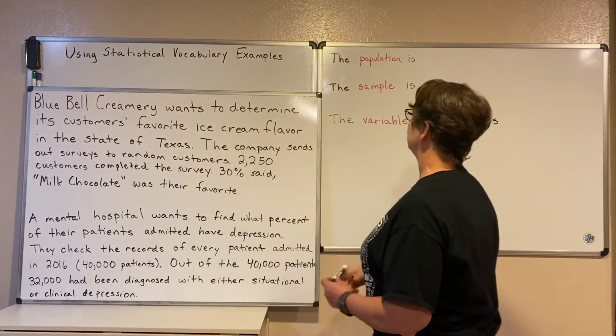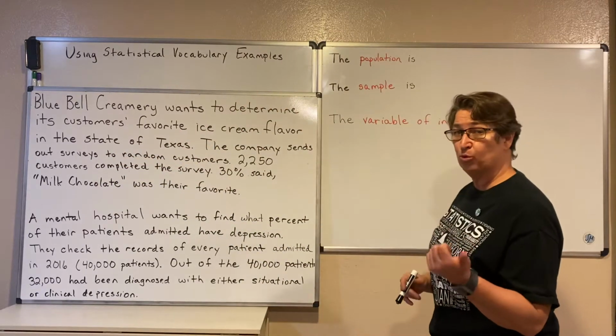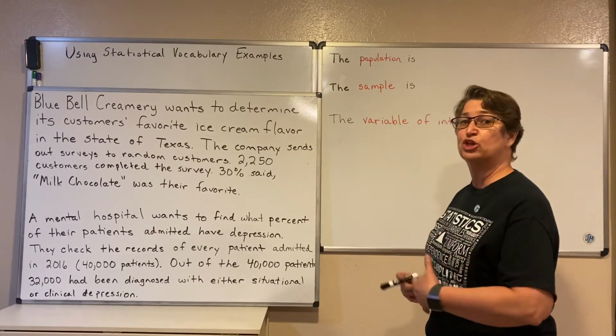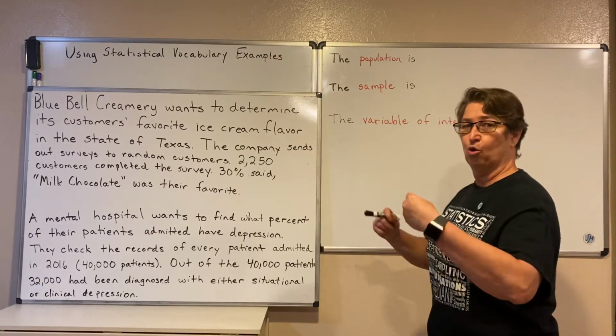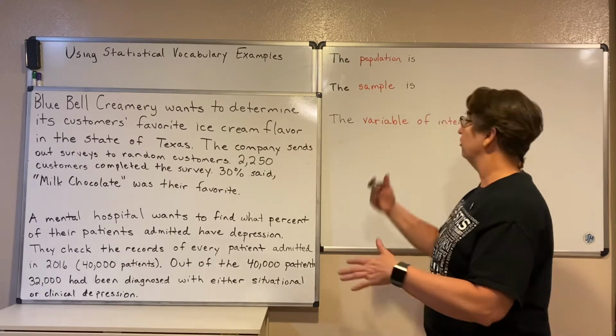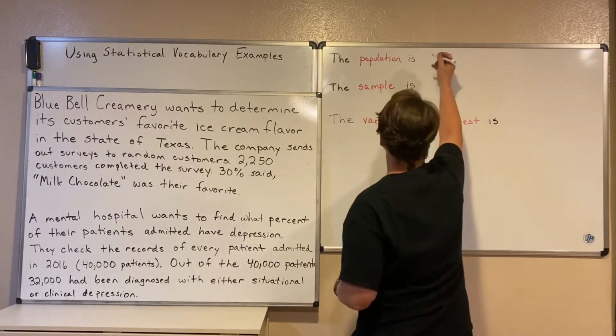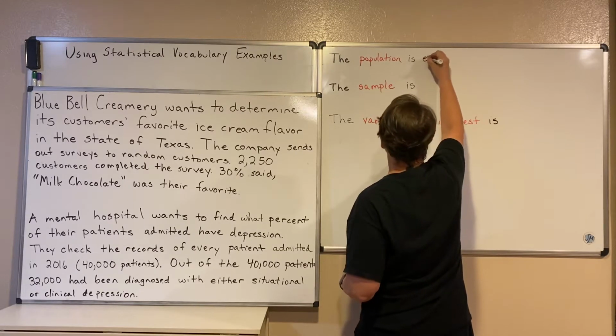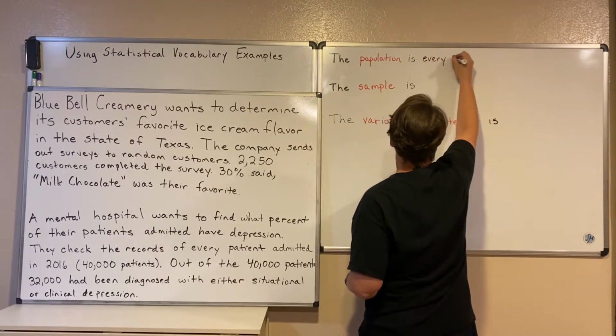So the population here is, and remember when we talk about a population, we want to use the words all, or every, or the entire, or whole. So in this case, the population is every customer.